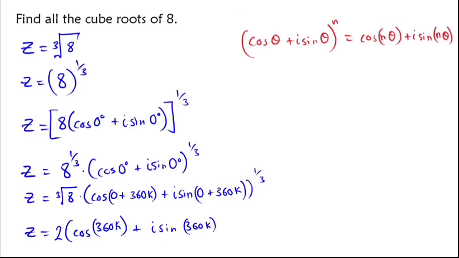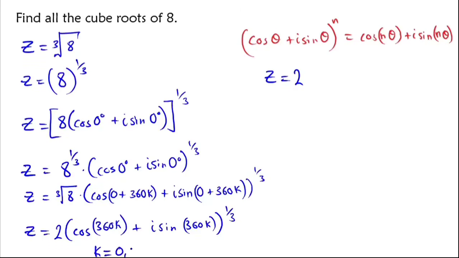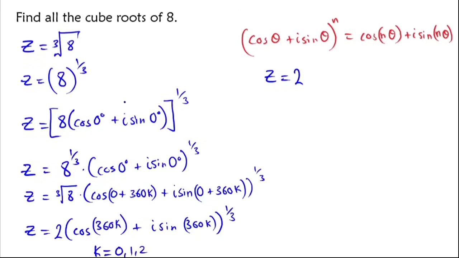So now, if we look at what we have here, our n is the power 1/3. So we can say z is equal to 2. So that 1/3 multiplies with the 360k. For your own information, k are the numbers 0, 1, and 2, because we want the 3 solutions to our question.